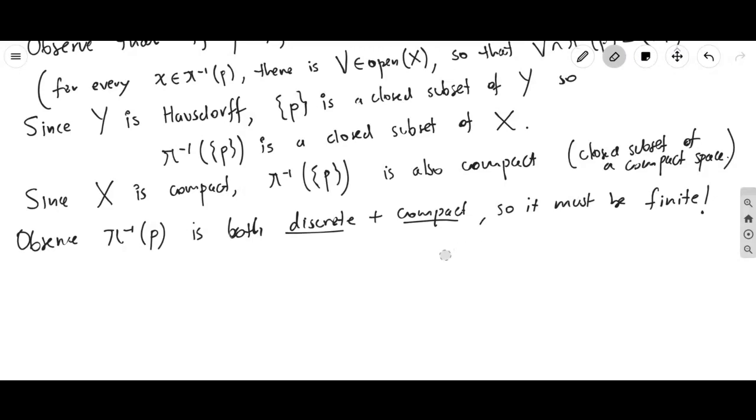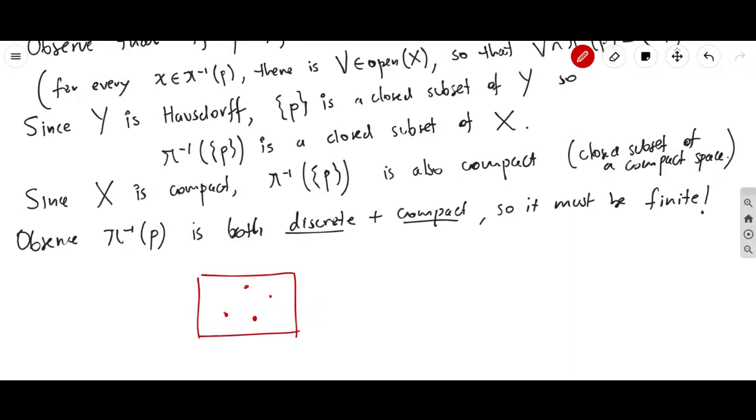To go back to advanced calculus, you learn about this thing called the Bolzano-Weierstrass theorem that you probably use a lot. So let's say that it was infinite. Well, it's compact. So that means it's bounded. It's sitting inside, let's say, some rectangle.